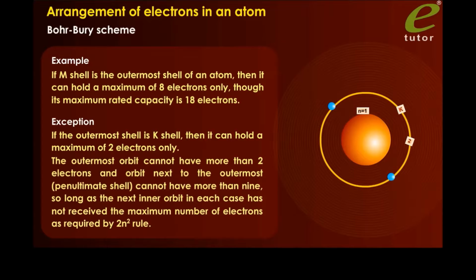The outermost orbit cannot have more than 8 electrons, and the orbit next to the outermost, the penultimate shell, cannot have more than 18, so long as the next inner orbit in each case has not received the maximum number of electrons as required by the 2n square rule.